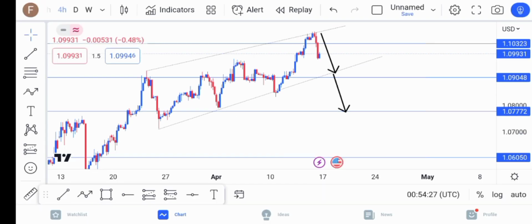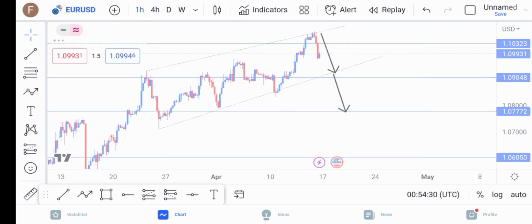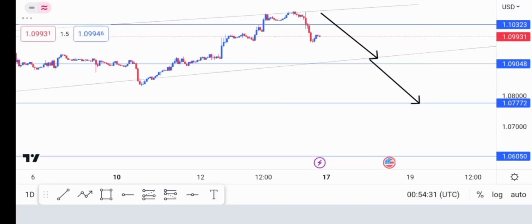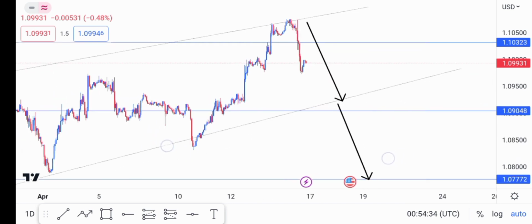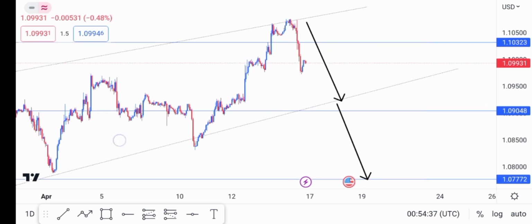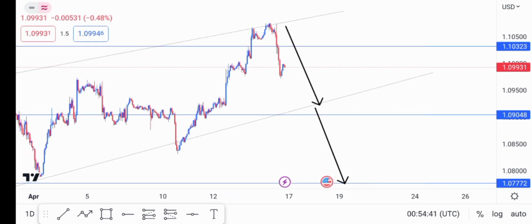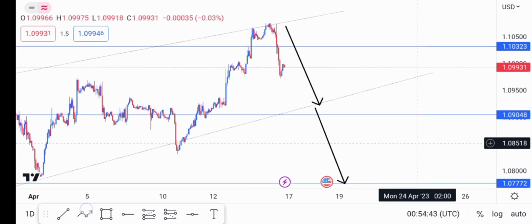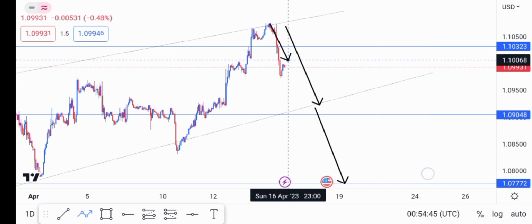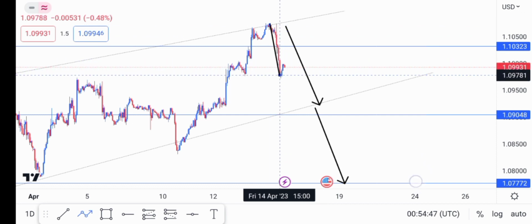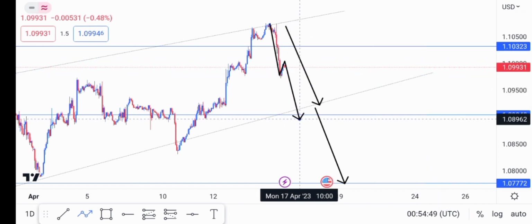So yeah, if we go to the 1-hour time frame, we can see what's really going on here. So it seems like the market is forming some energy. You can see we had an impulse here, and it seems like we are having a correction here, and we're gonna have another impulse.